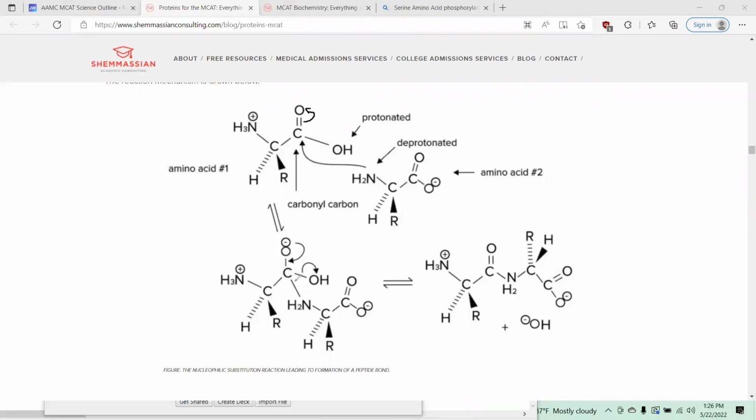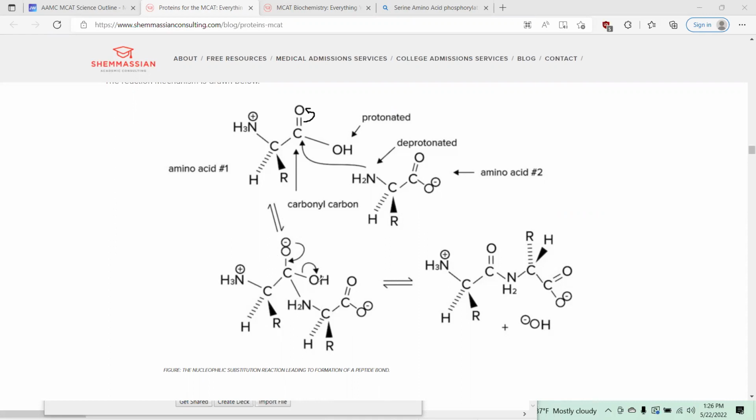And now we have this situation where these 4 groups are attached, but this is not sustainable, right? This is way too stereochemically crowded. So what's going to happen is that the negative charge drops back down, and then one of these has to leave. It's not going to be the carbon leaving because carbon can't have a minus charge on it. It's not stable. It could be this whole amino acid leaving again, but that's not what we're doing here.